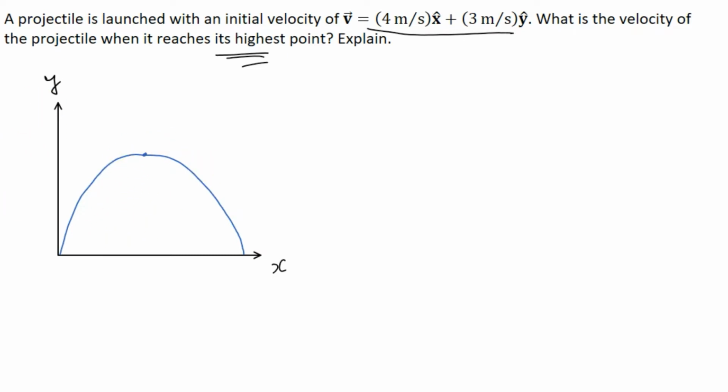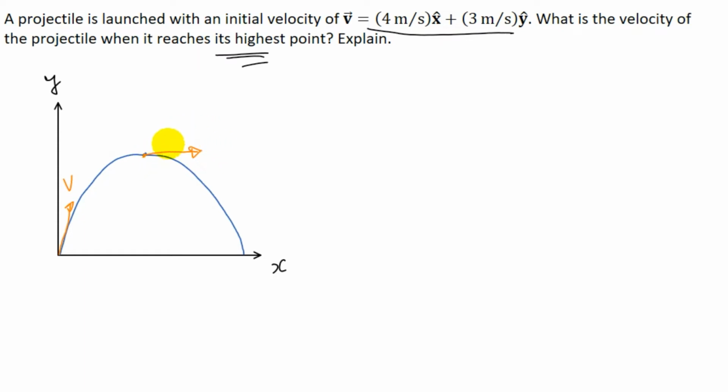Now it was launched with some initial velocity, so this will be its velocity vector v at the initial point, which we are given. Now at the highest point we know that the projectile moves horizontally, and there is no component of velocity in the vertical direction because gravity has reduced its y component of velocity to 0.